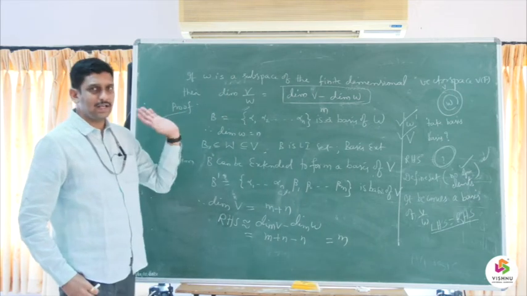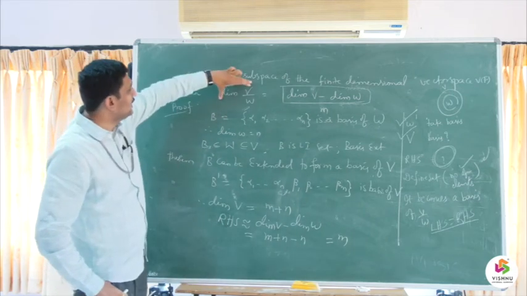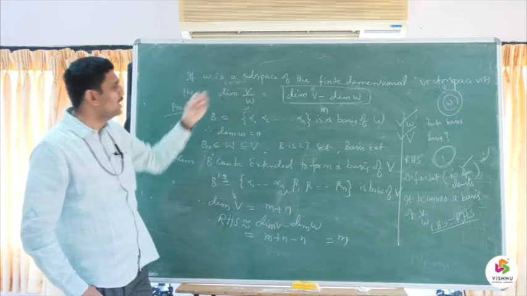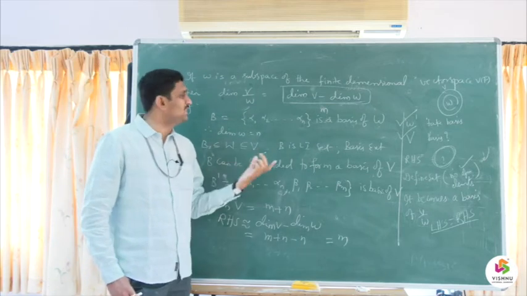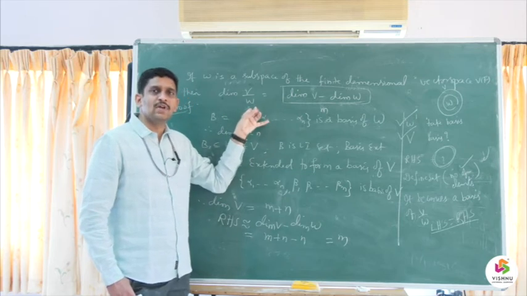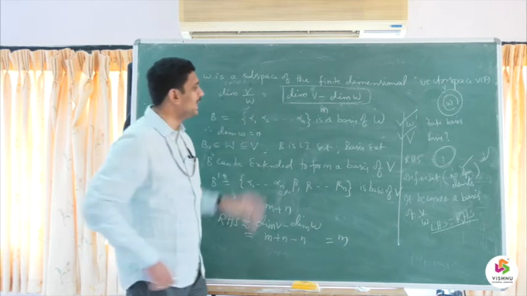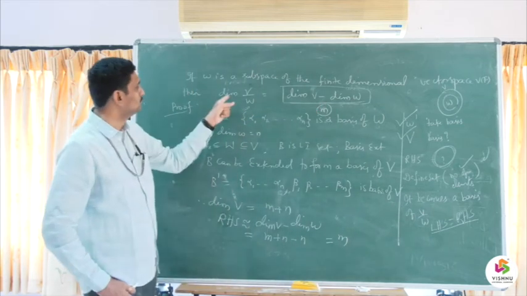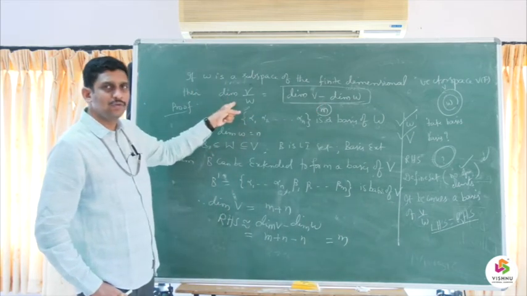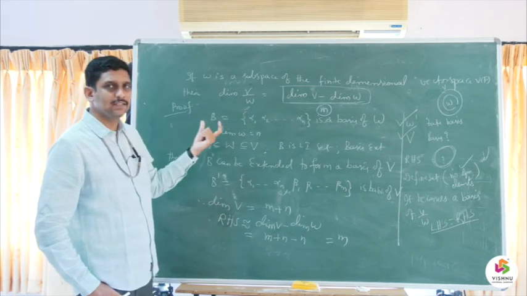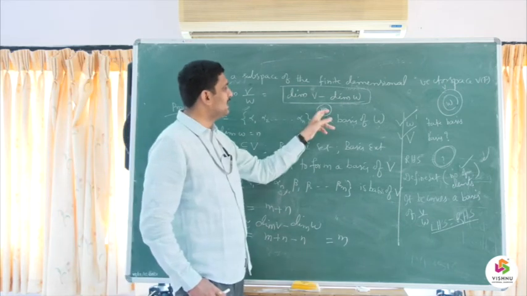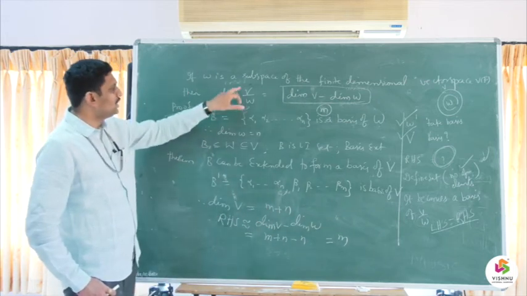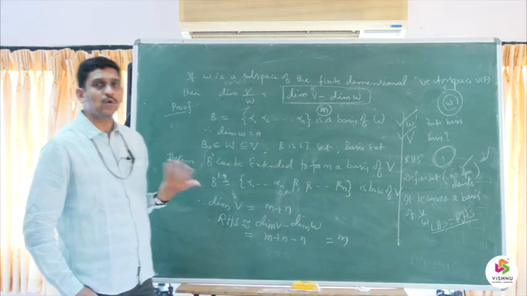So, to prove the claim, I need to show that LHS also has the same value. It means I should find a basis for V by W which contains exactly m elements. I repeat again, for the set V by W, I must find a basis which contains exactly m elements. But V by W is the quotient space, it contains all cosets.